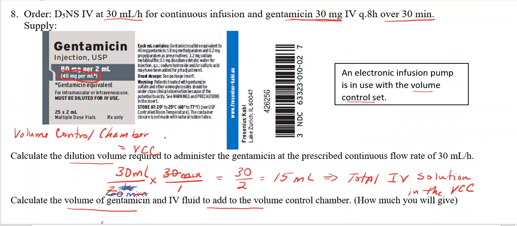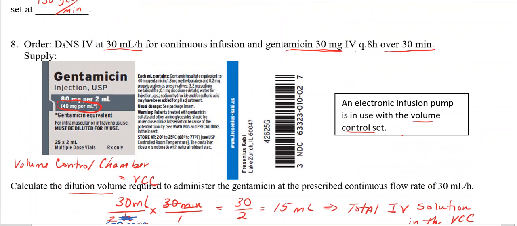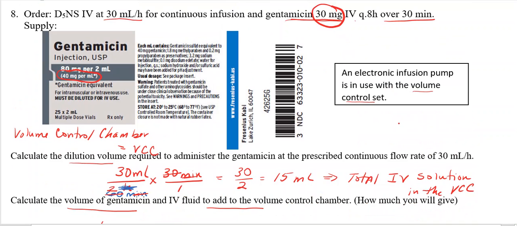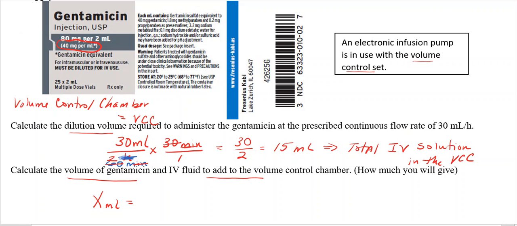I'm going to go up here and look at my order. My order was for 30 milligrams, and my supply is 40 milligrams per milliliter. So 30 milligrams over 1 times 1 milliliter per 40 milligrams.